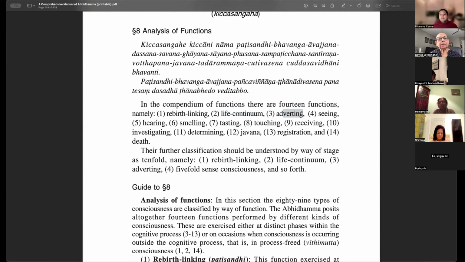The third, the adverting. Seeing, hearing, smelling, tasting, touching, receiving, investigating, sampatichana, santirana, determining, vattapana, javana, registration, and death, chuti.